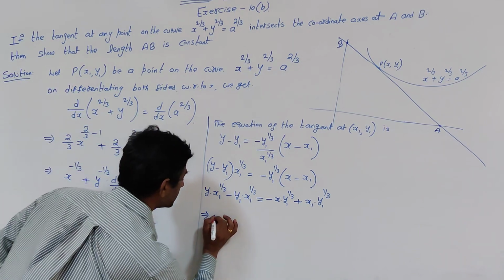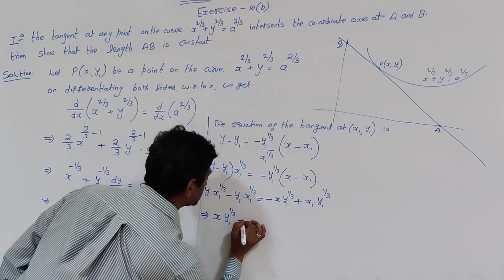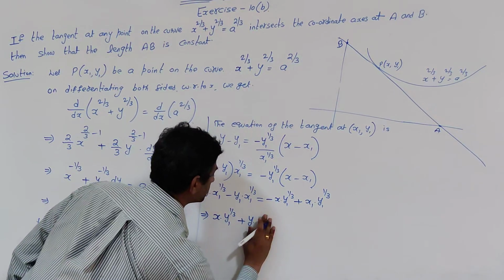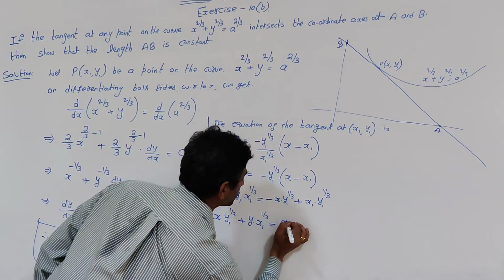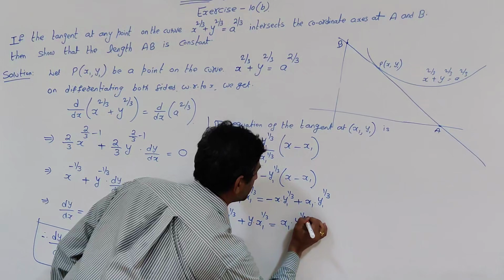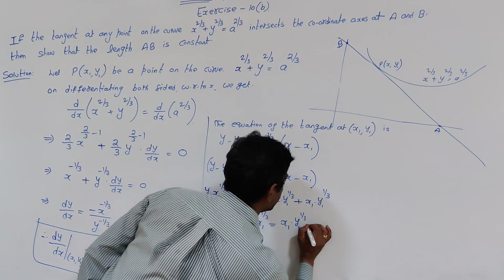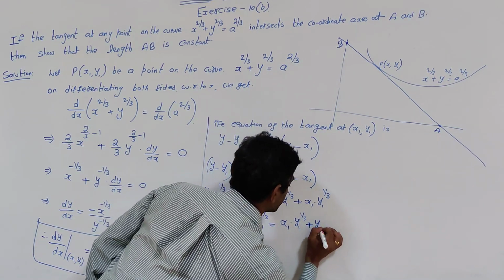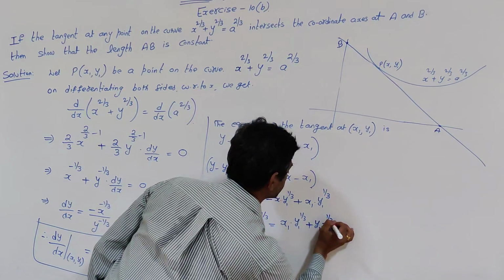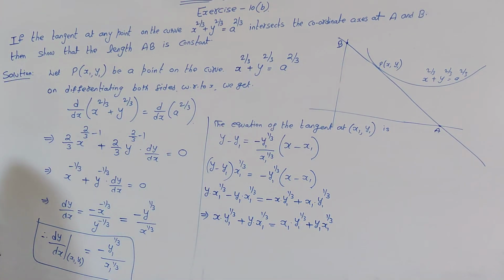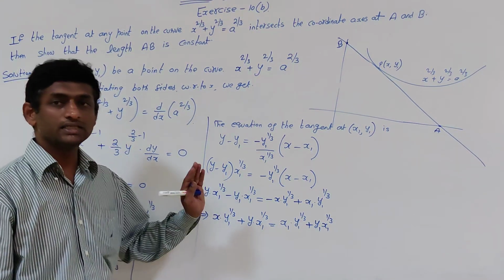So it will be x into y1 to the power of 1 by 3 plus y into x1 to the power of 1 by 3 is equal to x1 into y1 to the power of 1 by 3, and as it is minus, take it to the right hand side, so it will be plus y1 into x1 to the power of 1 by 3. So this is the equation of the tangent line at the point x1 comma y1, and we can still simplify.